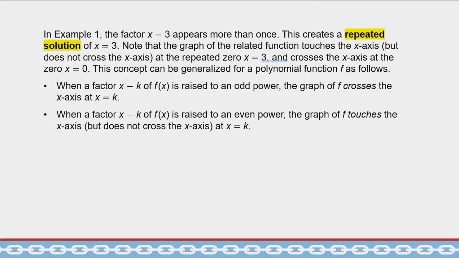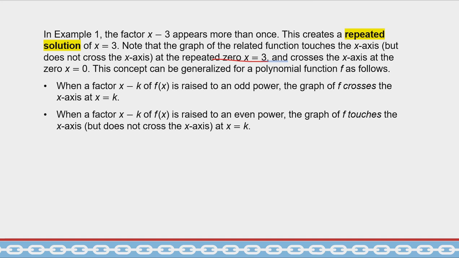So we had that repeated solution. Note that the graph of the related function touches the x-axis but does not cross at x equals 3. When it was x equals 0, it crosses. So when a factor x minus k is raised to an odd power, it crosses the axis, and if we get something to an even power, it touches.